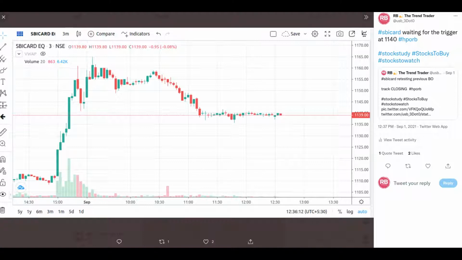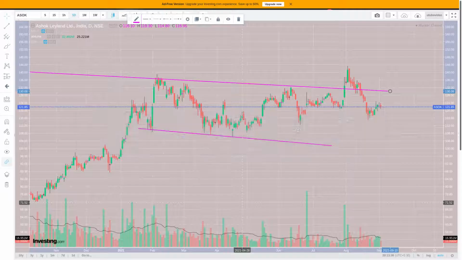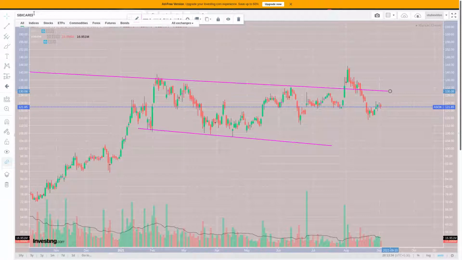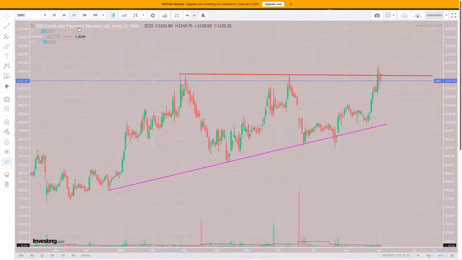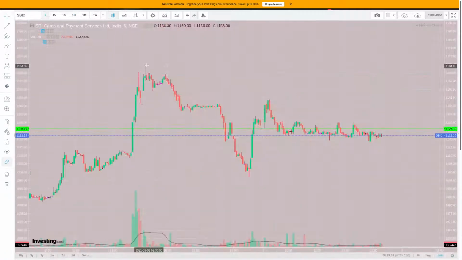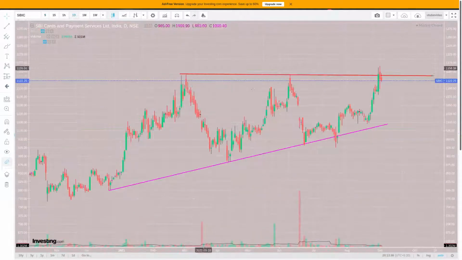So let's start by digging into this particular chart of SBI Card, and we will go for a very short time frame. Okay, so let's do a quick analysis. See, there was a breakout at 1140, and this was in the previous instances.